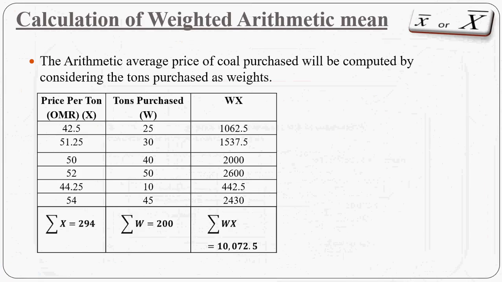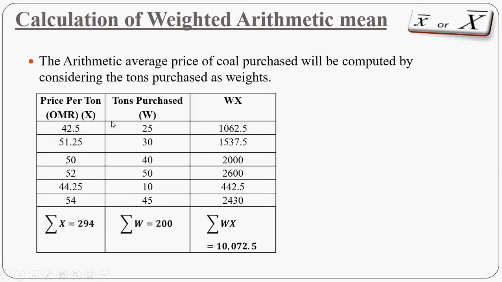This is how we need to take up the values x, w, that is price per ton. We have to assume variable x. Tons purchased will be w, and we need to calculate what is wx. Wx is nothing but tons purchased multiplied by price per ton. That is 25 into 42.5, 1062.5. Like this we need to calculate for all and take the total. When you total the price per ton, we get sigma x is equal to 294.